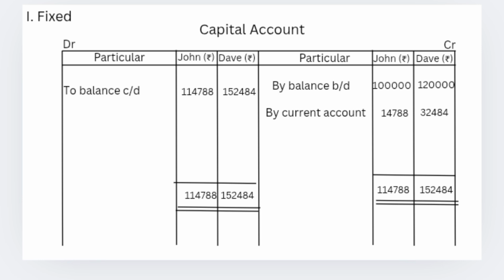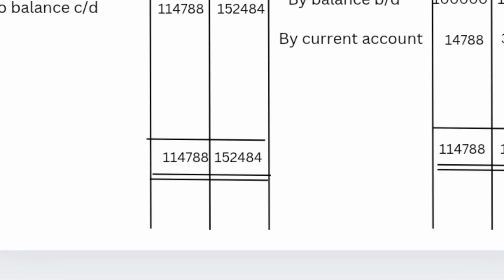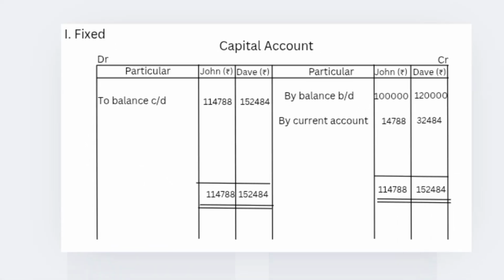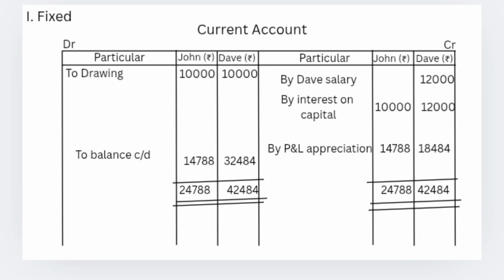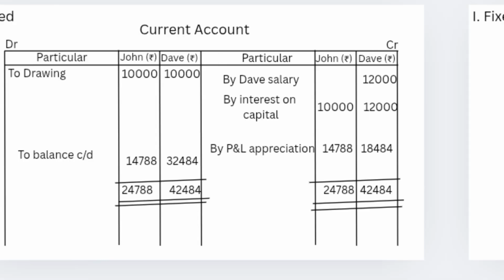Now we'll calculate the capital account when capital is fluctuating and see if the balance carried down is equal or not. If the balance carried down is equal to this amount, it will be correct. If it's different, it will be wrong. Now we finish the current account, so we move to the capital account.